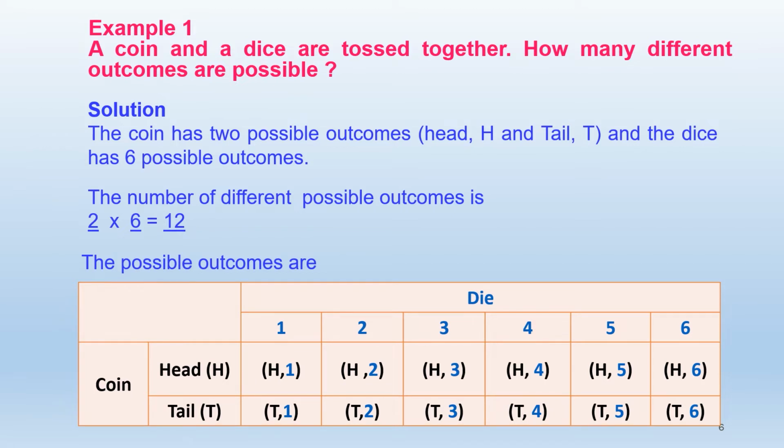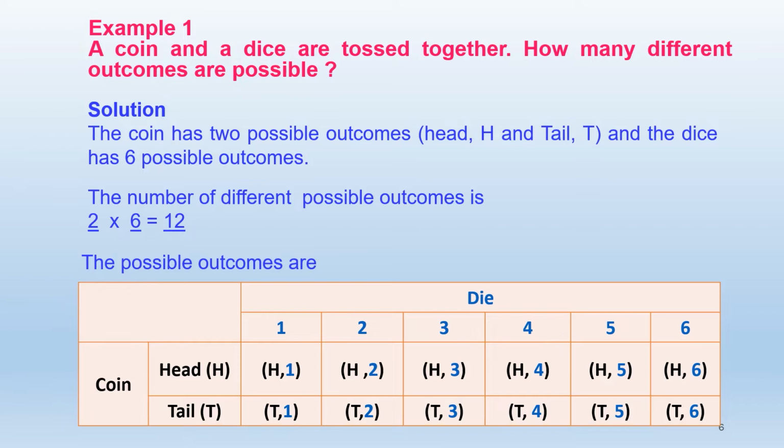Berapa hasil outcomes yang mungkin kita akan dapat? So the solution, untuk coin, the coin has two possible outcomes, which is head, H, dan juga tail, T. And the dice has 6 possible outcomes. So dadu ada 6 outcome.